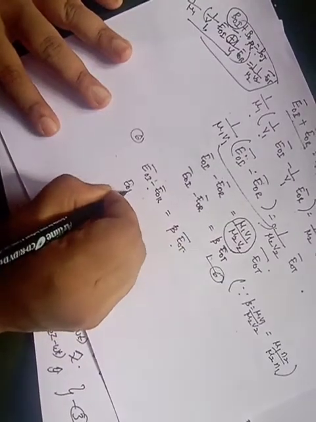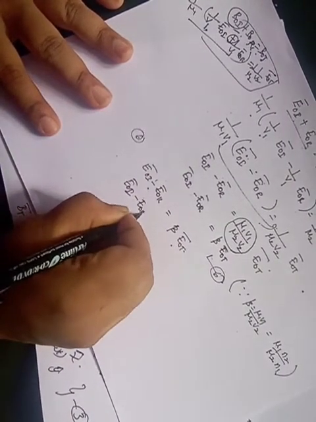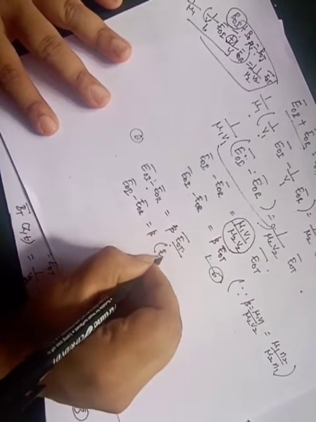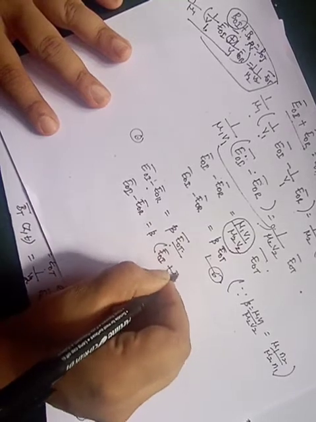Therefore E naught I minus E naught R equal to beta into E naught I plus E naught R.